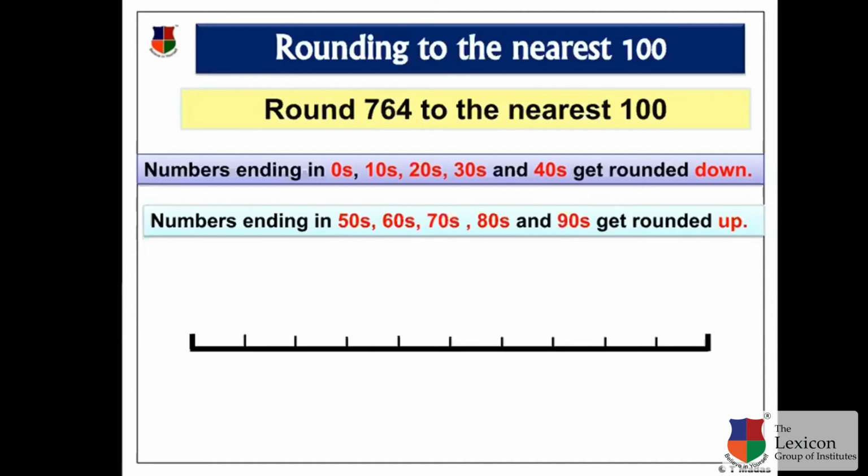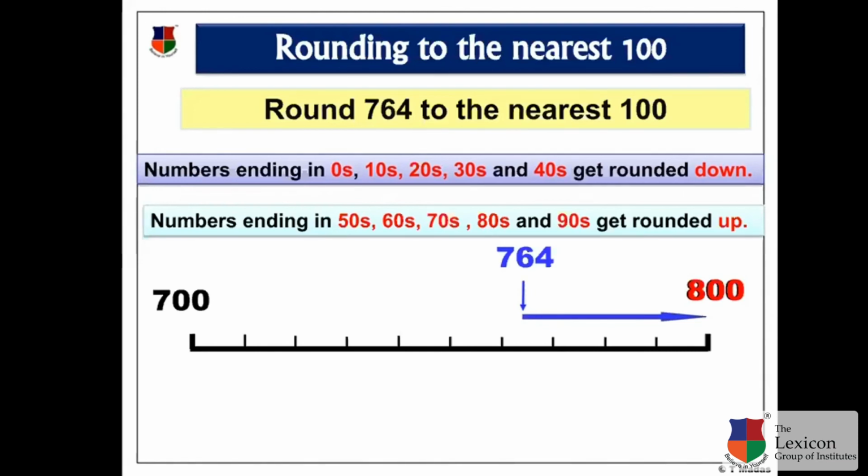Now, arrange this number, 764. Where does it lie on a number line? It lies in the 700s. This number ends with what? 60s, correct? So it is somewhere near the 60s. As per the rule, it should get rounded up. So 764 will be rounded up.